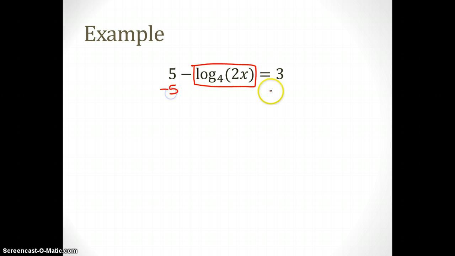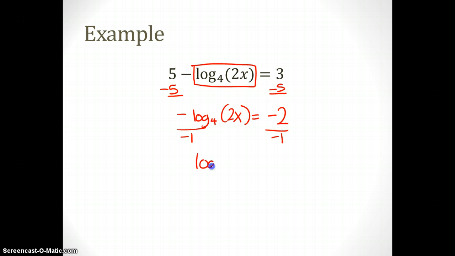We're going to subtract that 5, and you're left with negative log base 4 of 2x equals 3 minus 5, which is negative 2. And again, you don't want negative log, you want the log all by itself. So we need to divide by negative 1. Log base 4 of 2x equals positive 2.